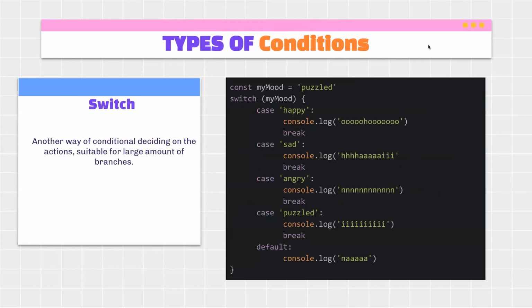So you see here, we started with one constant, my mood, and then we started the switch with braces, then my mood, and then case equal to the value. Then we try to match: if my mood is happy, I do this; else if my mood is sad, I do this. Then I can extend it with multiple cases. And then default, the one down there with a colon, is the same as else.